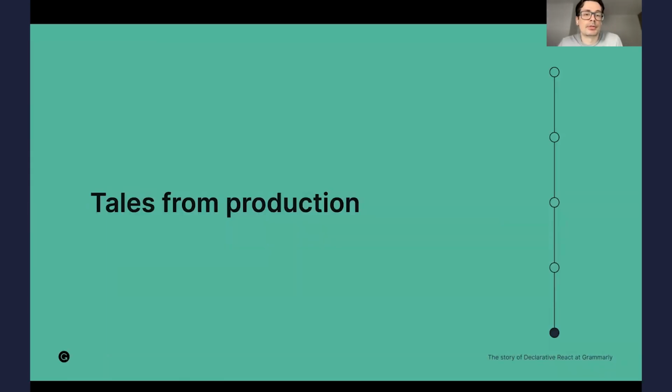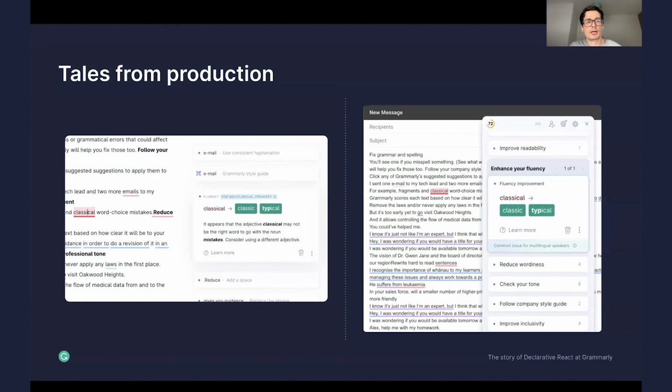So let's look at some examples, like how do we use it at Grammarly already today. This is one of the examples, and it demonstrates usage of the same UI component in different applications.